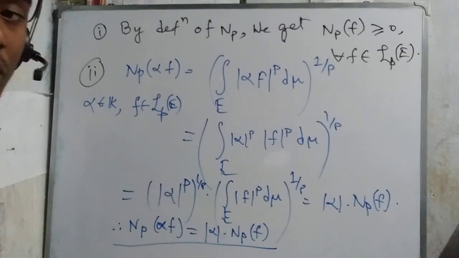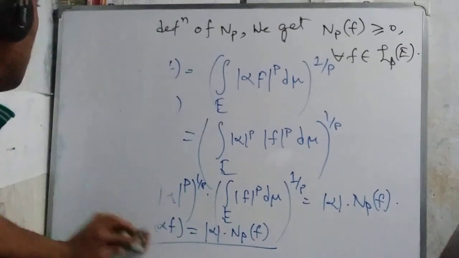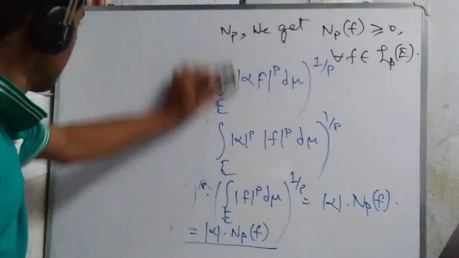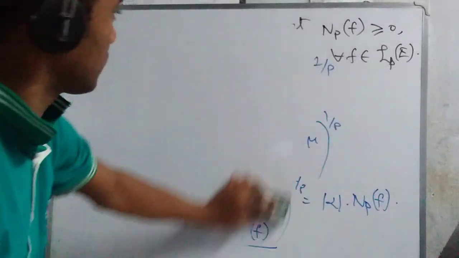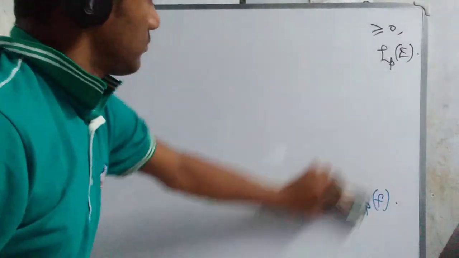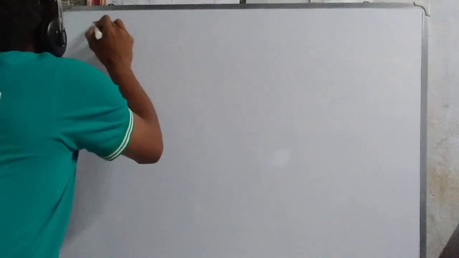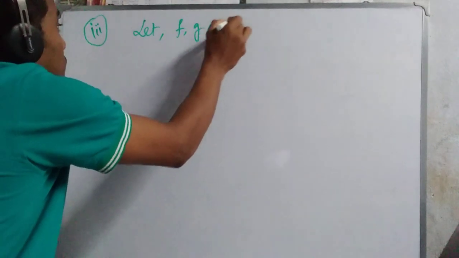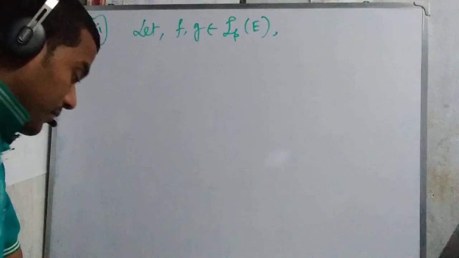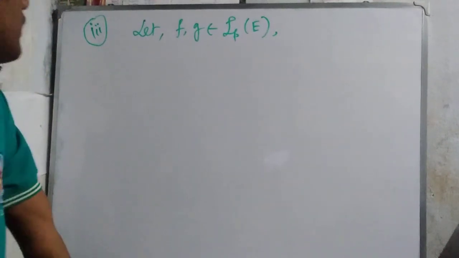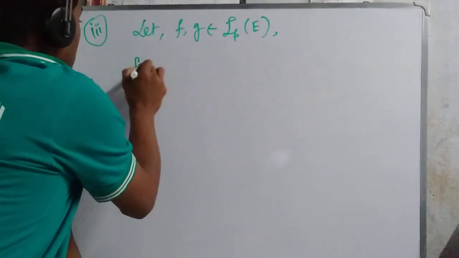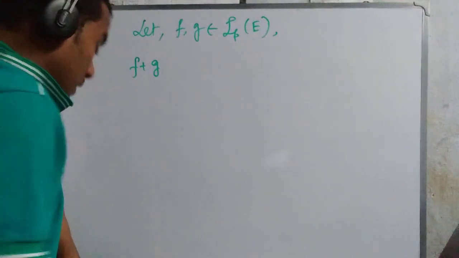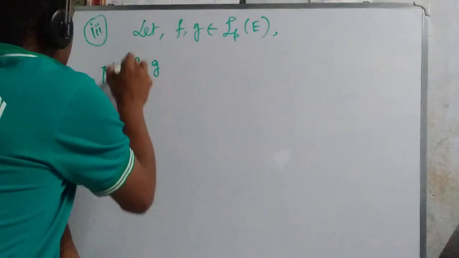Now we erase that portion and go on to further discussion. Third, the triangle inequality. How do we prove this? Let f, g belong to L^p(E). Then we write f plus g.